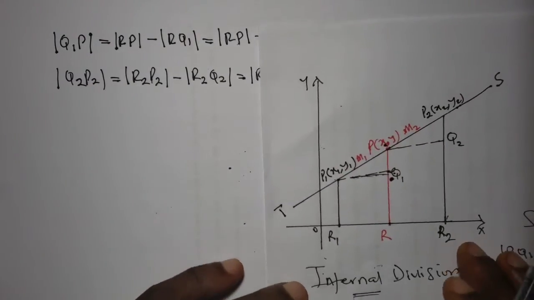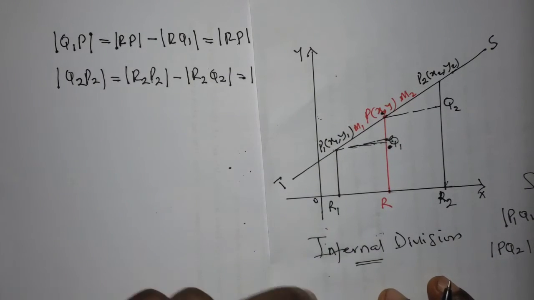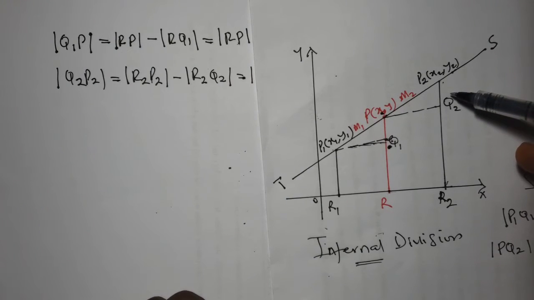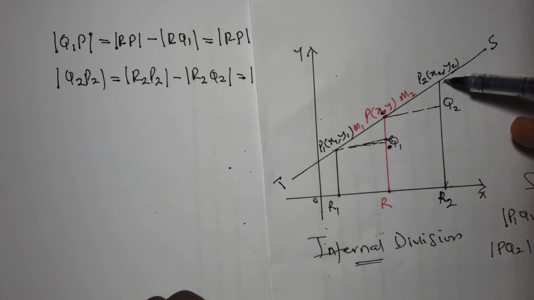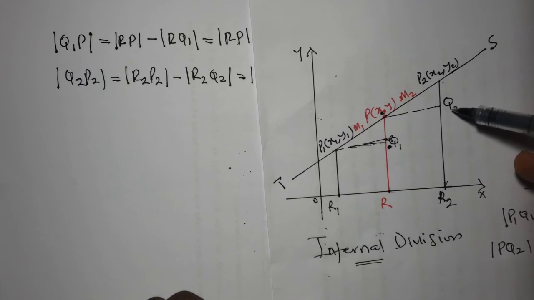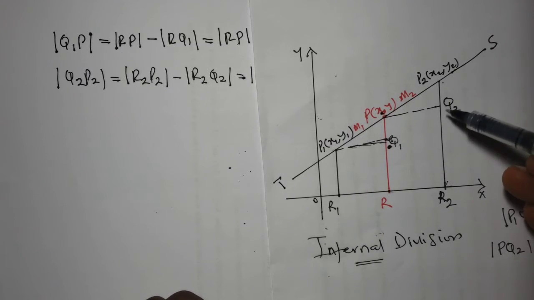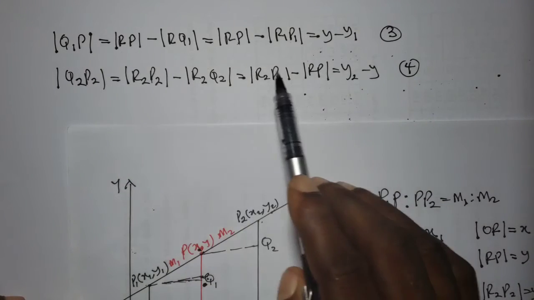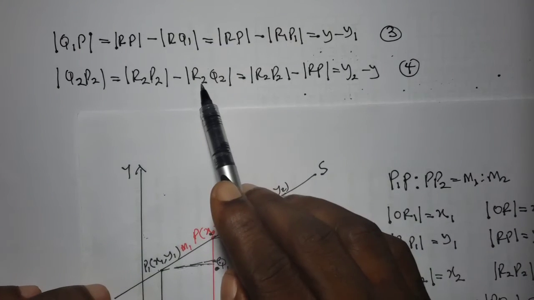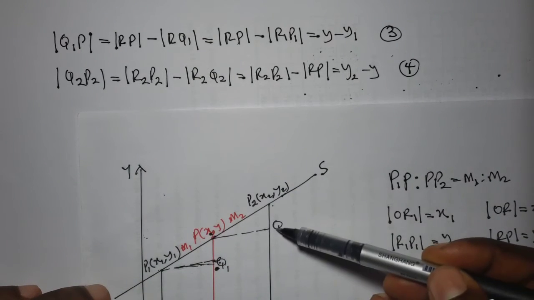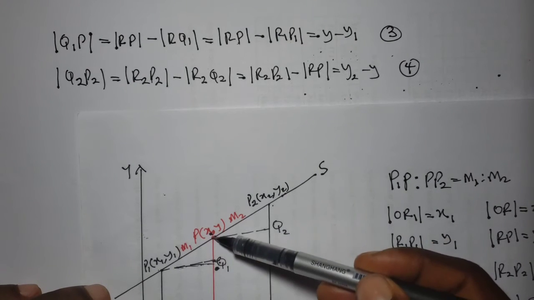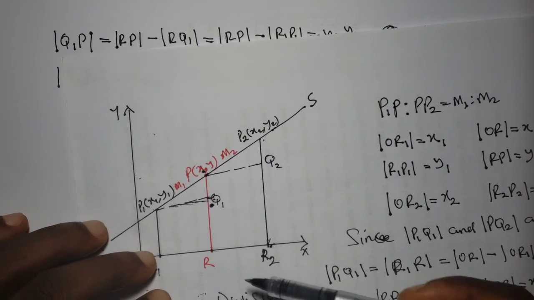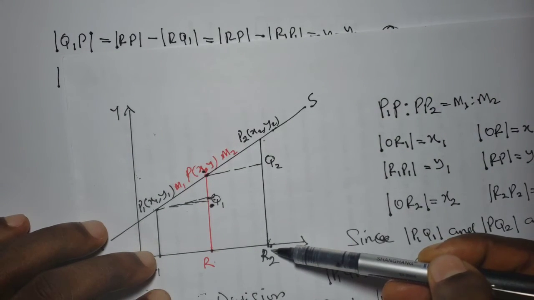Back to the diagram. We are saying here that line Q2P2, the other small line here, is equal to line R2P2 again minus line R2Q2. Of course, when we do this, that gives us the line Q2P2. And this is equal to, again, R2P2 is still here, minus now R2Q2, which is the same line as RP because RPQ2R2 is a rectangle.